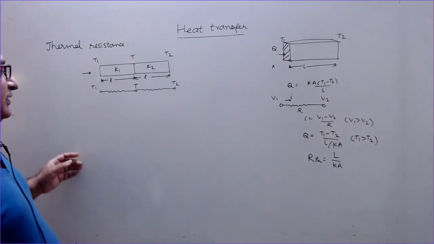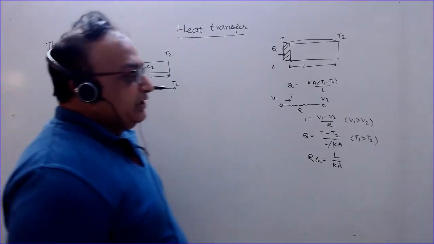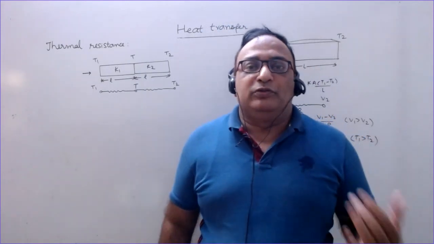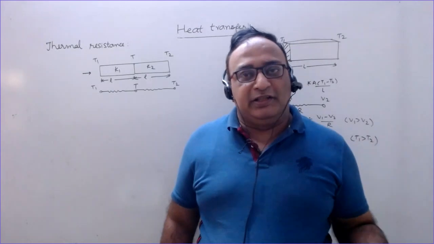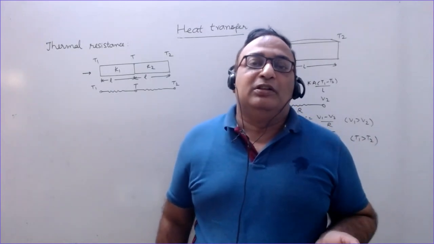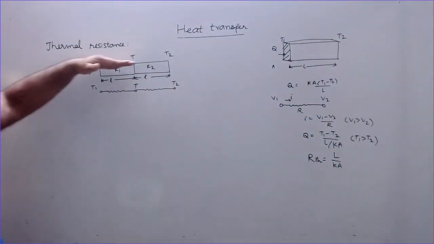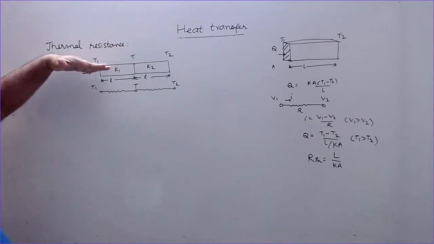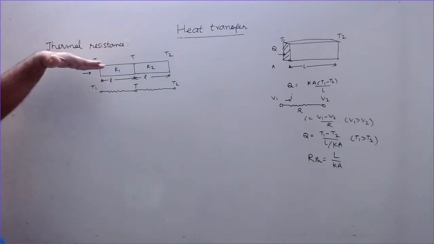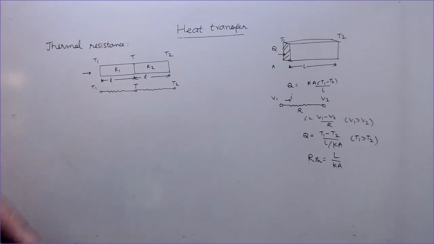So my answer is, when the current flowing through them is same, they are in series, and when different currents are flowing through them, they are in parallel. Same is the case with heat. So in these two, heat flowing per unit time, per unit area of cross section, because they are having same cross section, is same across the two bodies. So they are connected in series.